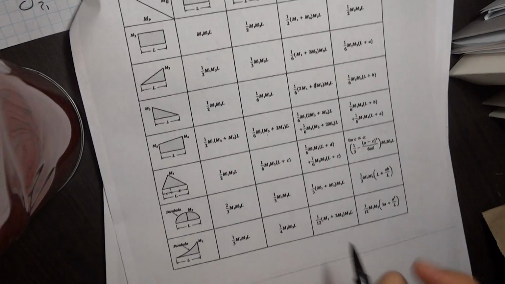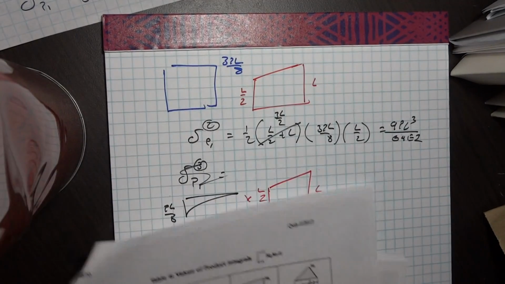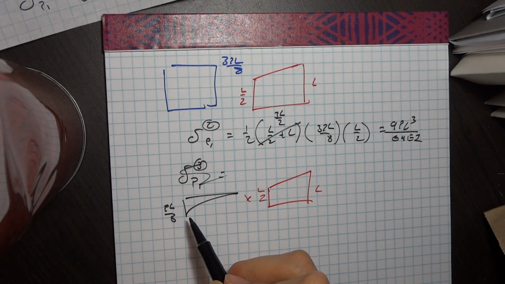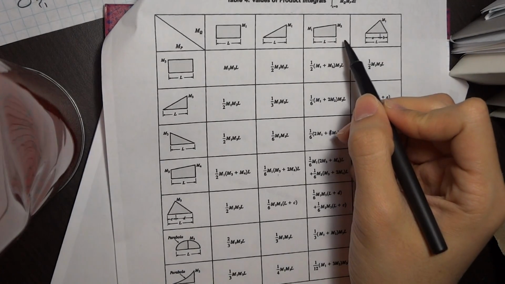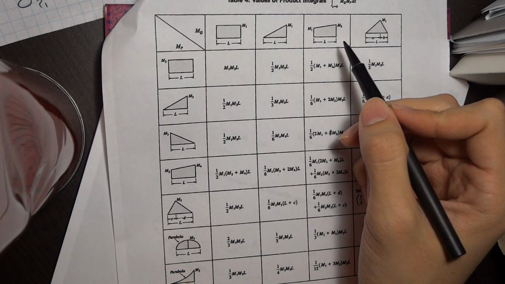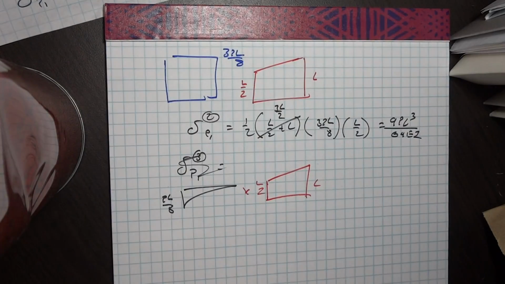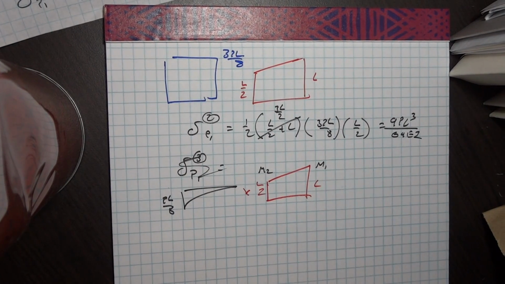So if I look here, my parabola has the base on the left hand side. M2 corresponds to the part that has the base. Therefore, my M2 is going to be here. This is my M2. This is my M1.